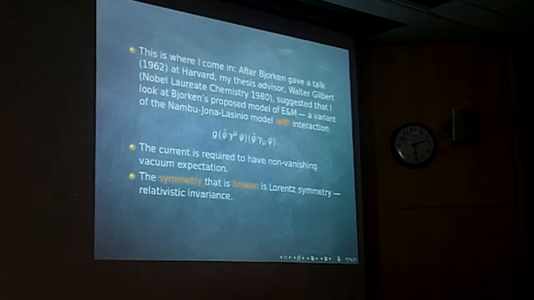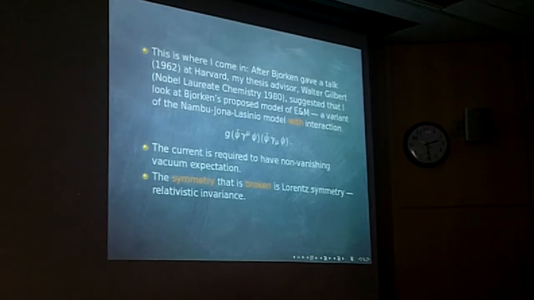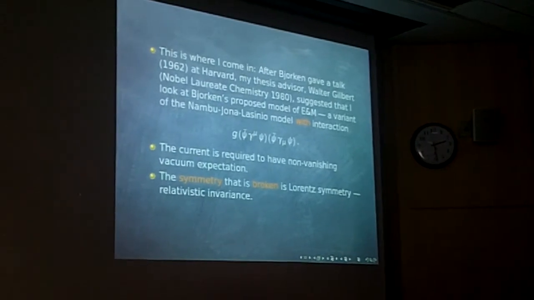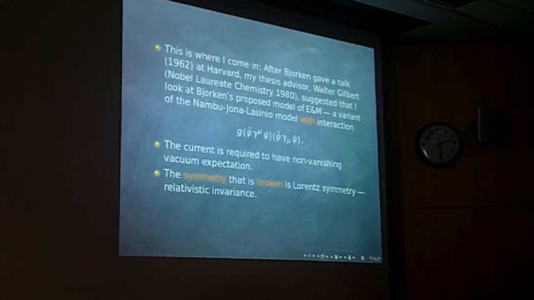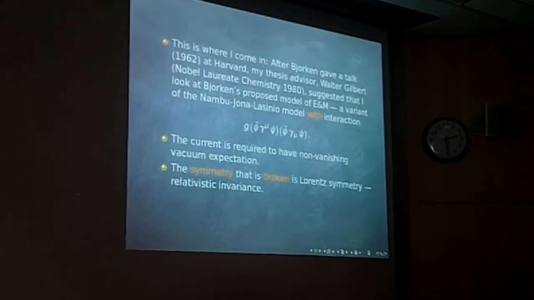In fact, maybe there was a hint there. And he said, well, let's break the symmetry of this model, so we'll require that the expectation in the state of lowest energy of the currents was non-vanishing.